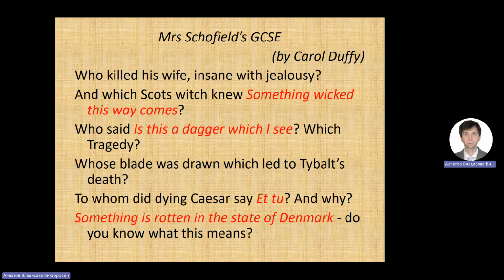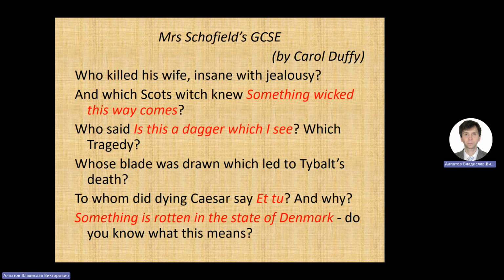Who said, "Is this a dagger which I see?" Which tragedy? This is also Macbeth. Whose blade is drawn which led to Tybalt's death? Tybalt is a character from which play? Romeo and Juliet, right.